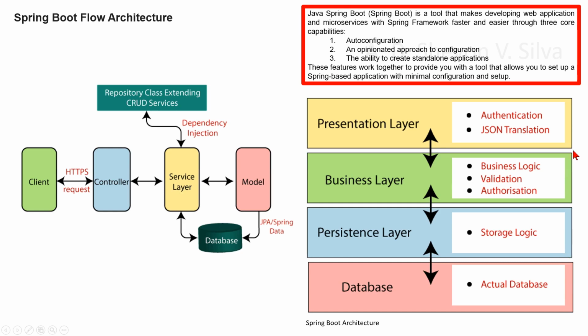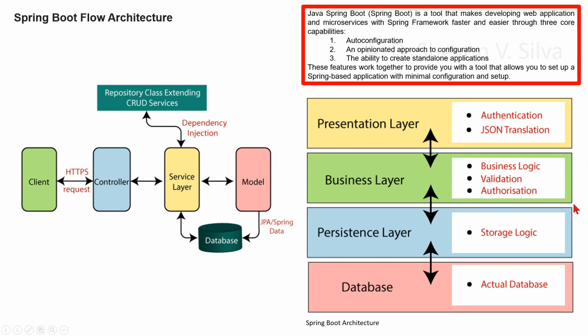This layer processes the HTTP request from the client, converts the JSON message body to objects, and handles authentication of the request before transferring it to the business layer. It also handles presenting the views to the client.